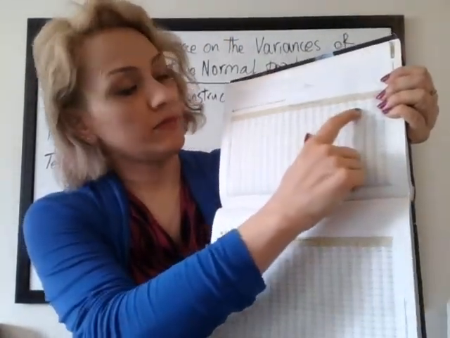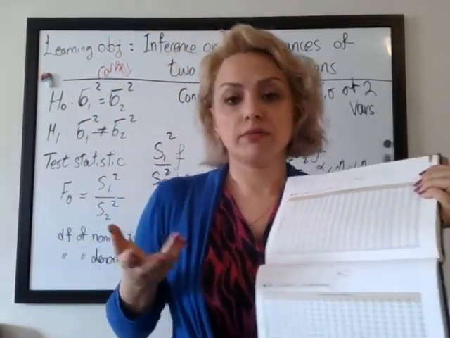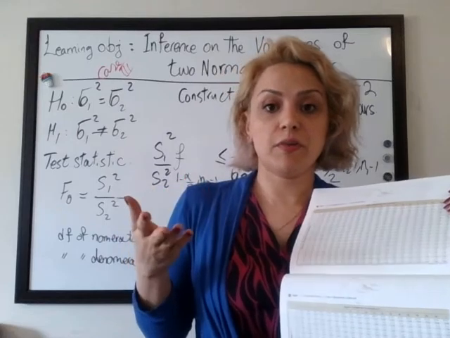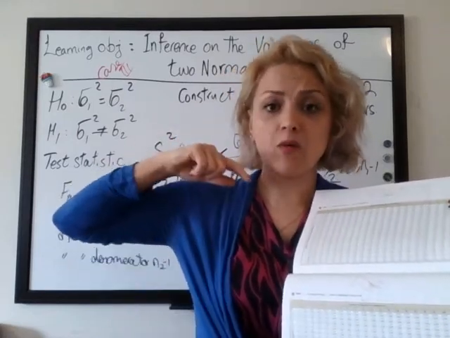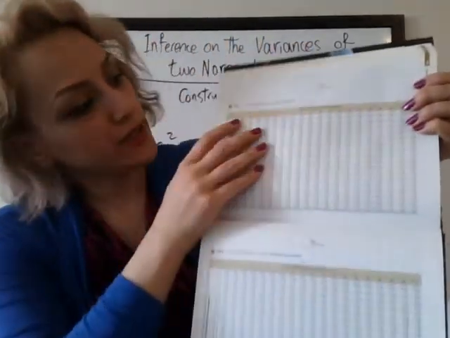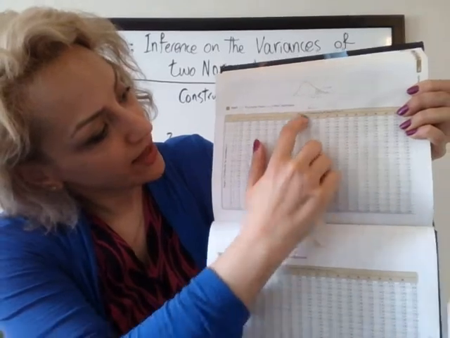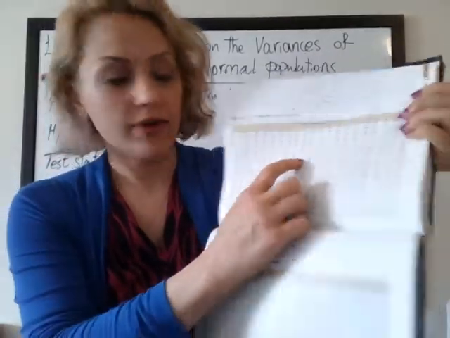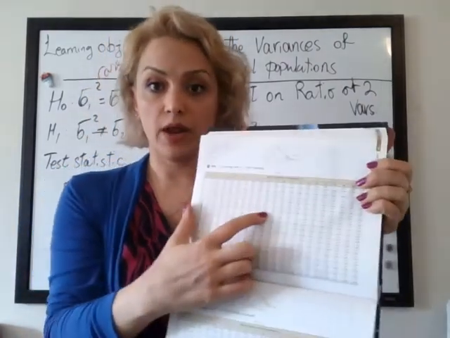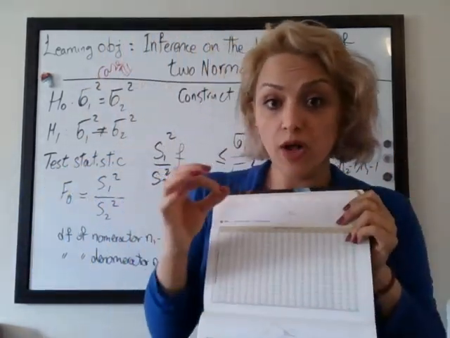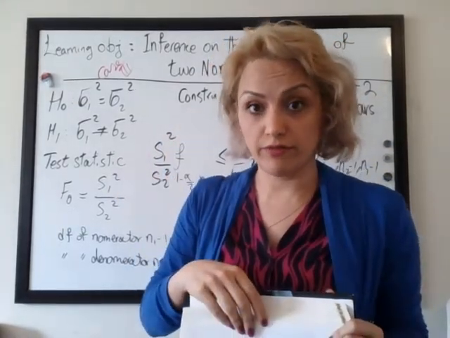For the numerator, let's say the sample size is 9. So the degree of freedom for the numerator, which comes from n1, is going to be 8. So I'm looking for 8 and 12, right? Then I read the value of F. For example, here 12 and 8 is 1.51. So 1.51 is the number I'm going to use if half of alpha is 0.25.